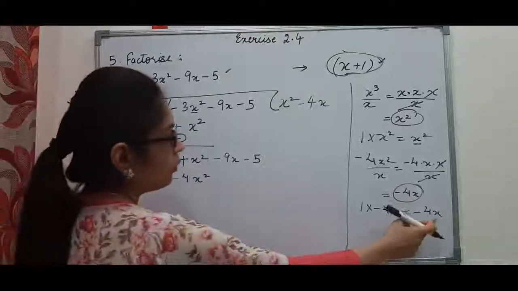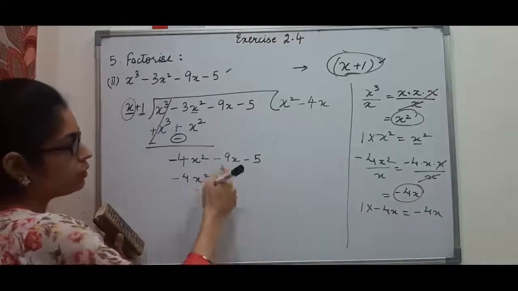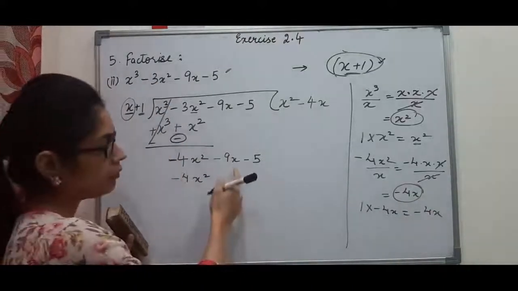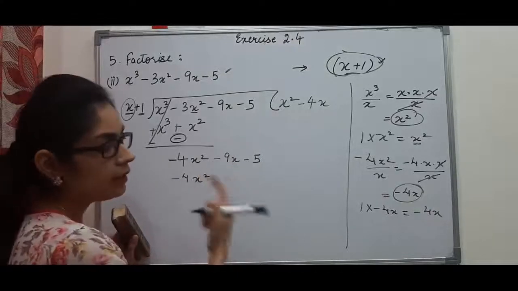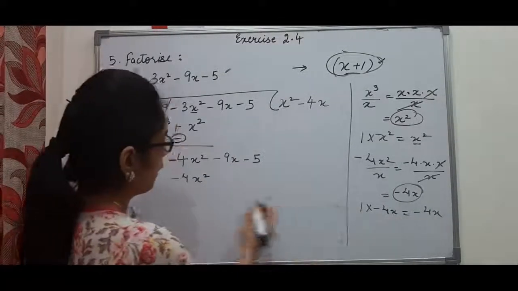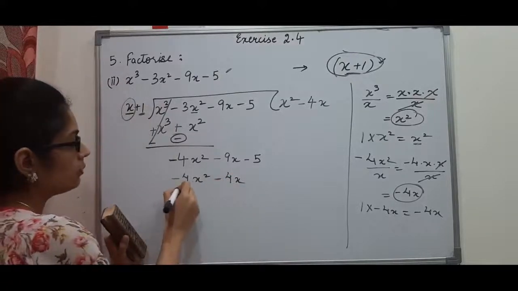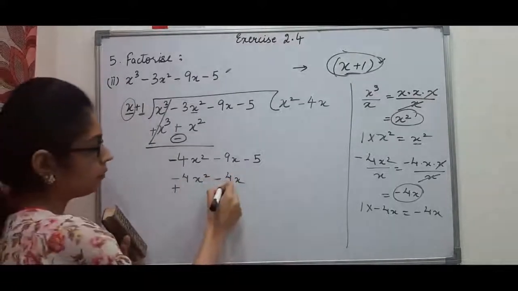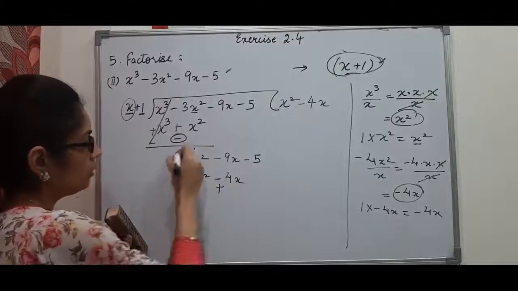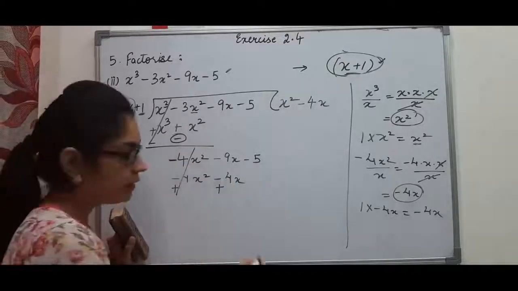So for this minus 4x I have to see which term has the same variable x. So I can see this 9x has the same variable x. So I can write minus 4x below 9x. Now I have to change the signs. Minus will be changed into plus, minus will be changed into plus. Same terms with opposite signs will get cancelled.